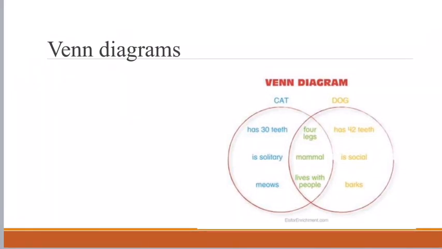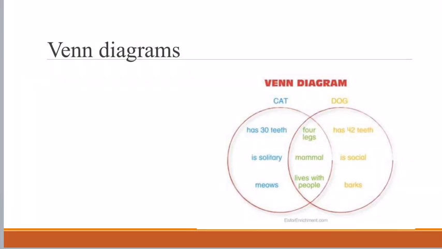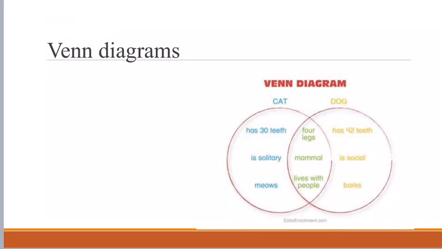On the right circle, you have a dog. And then the bit in the middle are things that are both cats and dogs. So if you look at the cat, it says has 30 teeth, is solitary, means it lives on its own, and it meows. So these are things that only cats do, not dogs.